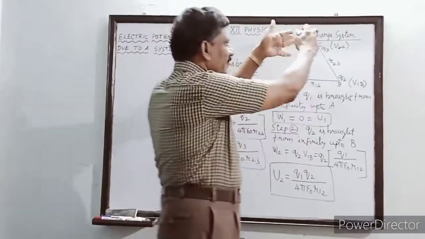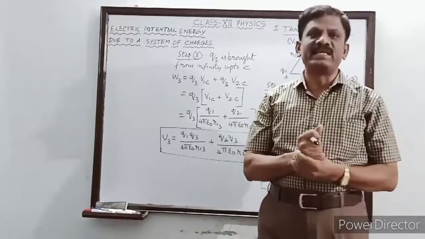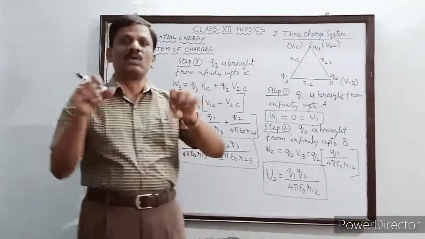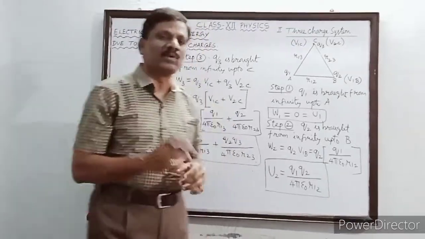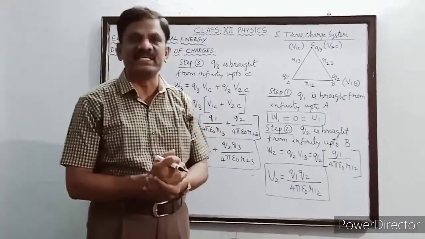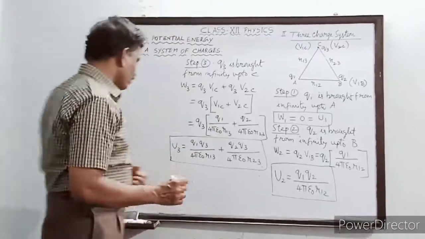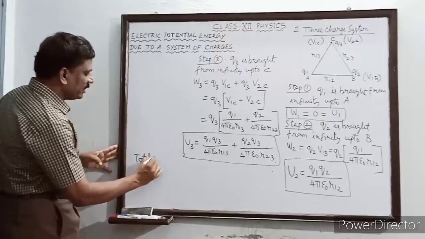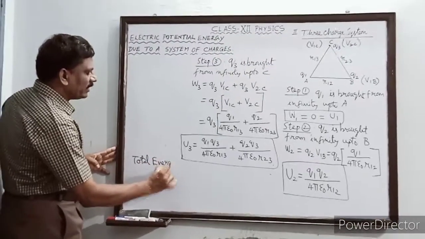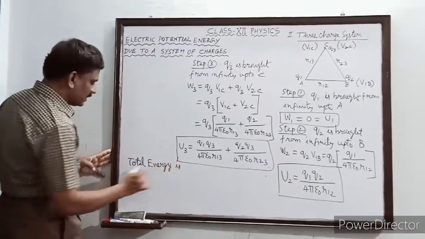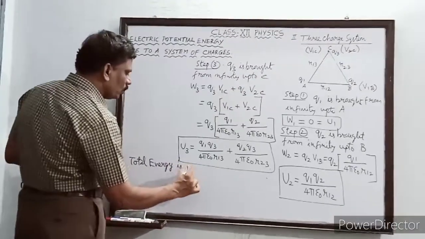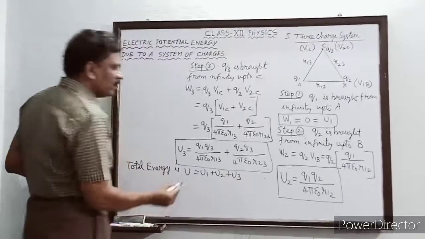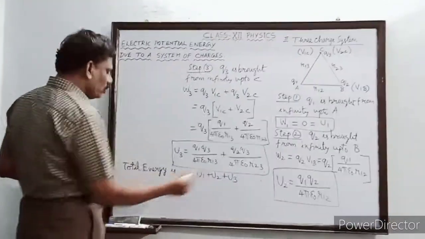So in the formation of this system consisting of three charges, totally how much work is done? The total work done is stored as the electrostatic potential energy of the system consisting of three charges. Therefore, total energy or electrostatic potential energy of the system is U equal to U1 plus U2 plus U3. U1 is 0, so it is U2 plus U3.